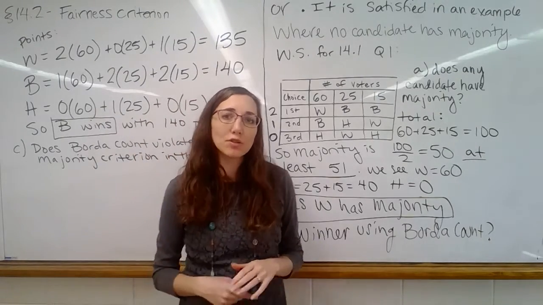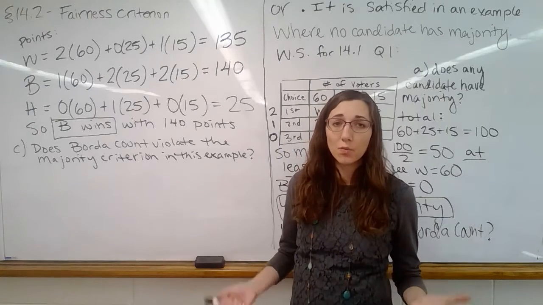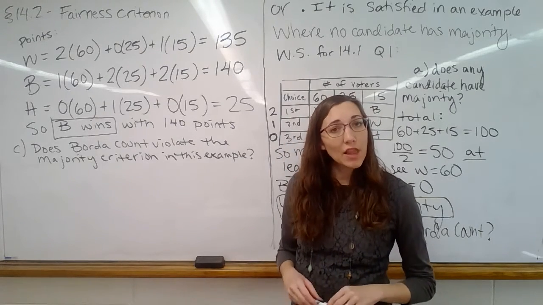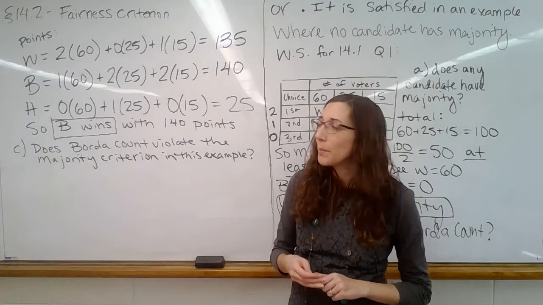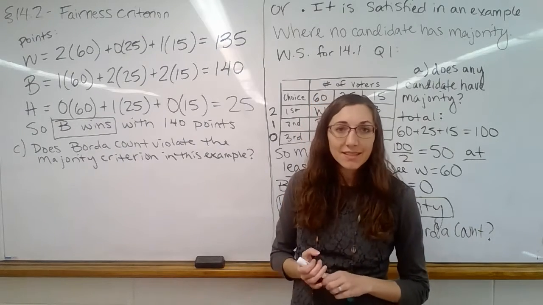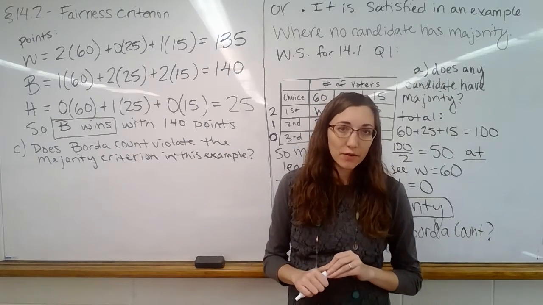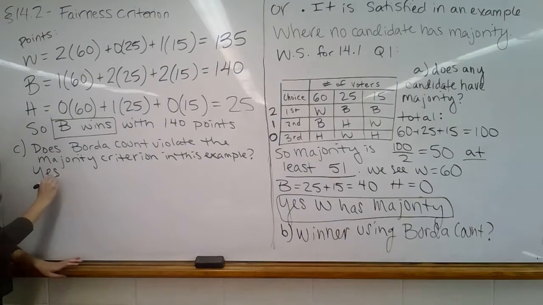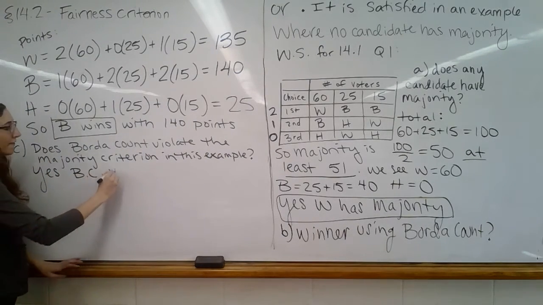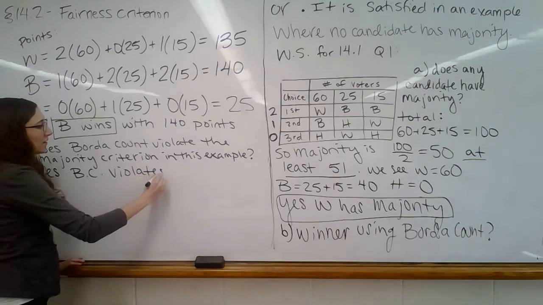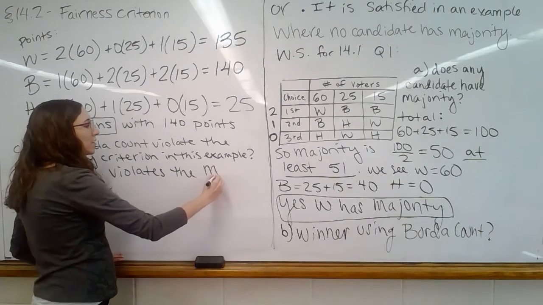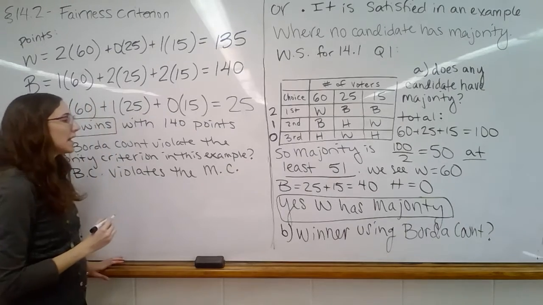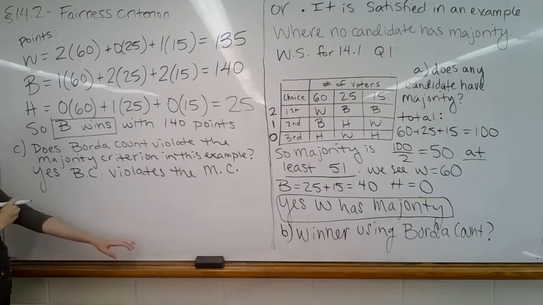So when we look at the results of Borda count, was Western the winner? Well, no, they lost to B. They lost to bacon. So yes, this would be a violation of the majority criterion. So yes, Borda count violates the majority criterion. I'm just going to abbreviate majority criterion as MC, and Borda count as BC.